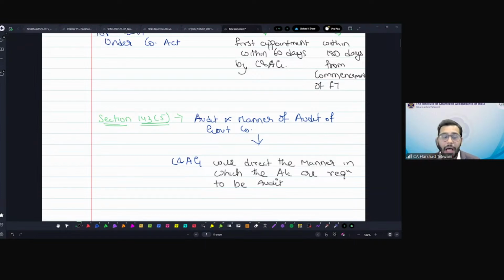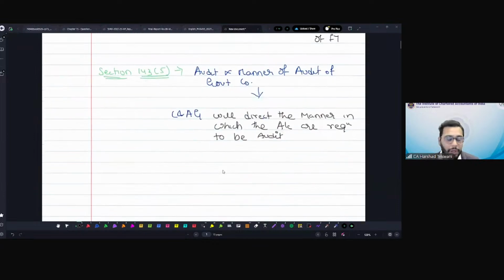Now that is the first part of subsection 5. Second part is about the reporting. It says that once you do the audit, then you have to report. The auditor appointed by C&AG has to submit a report to the C&AG. So the report goes back to the C&AG, and then C&AG will take the actions, and may give directions to the auditor.